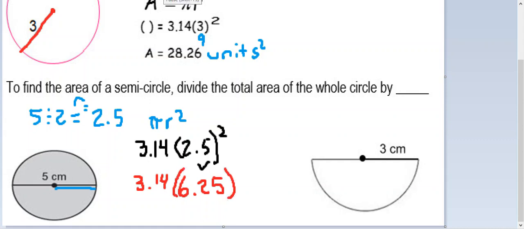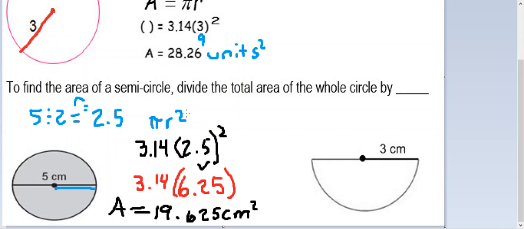And when I do that, I get 19.625, and this is in centimeters, so it'd be centimeters squared. Area is always squared, so 19.625 centimeters squared is the area of that circle.